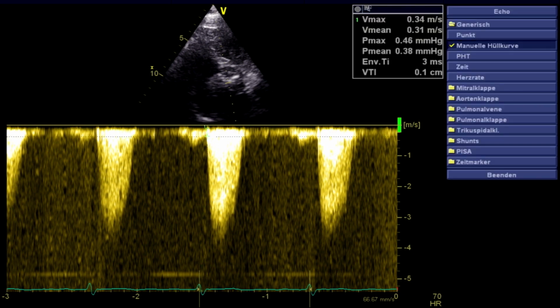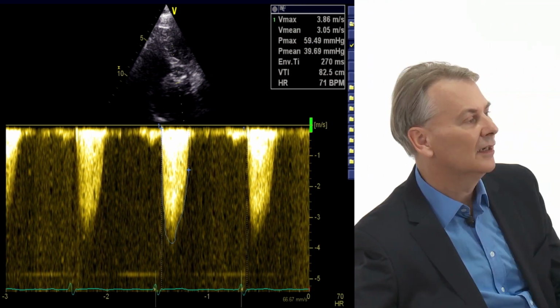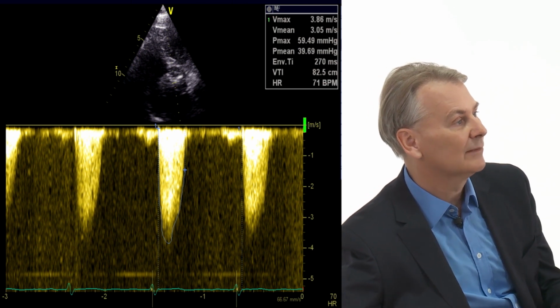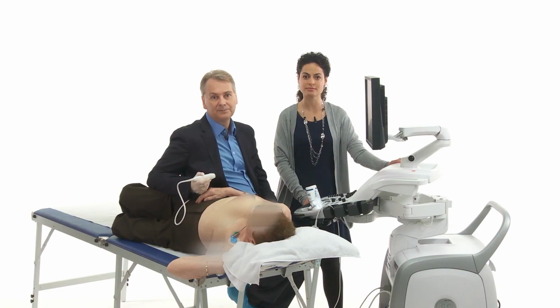And at that time, you would not only get the mean gradient, but also the maximal gradient. So here we are, we have a stenosis which is somewhere in the range of moderate to severe. The mean gradient is 40 millimeters of mercury. The maximal gradient is somewhere in the range of almost 60 millimeters of mercury. So this certainly could be her problem.